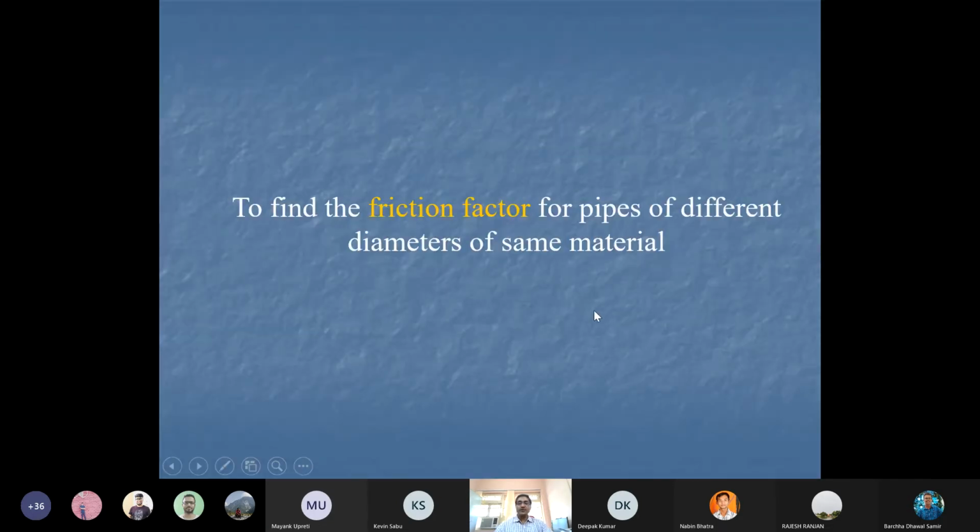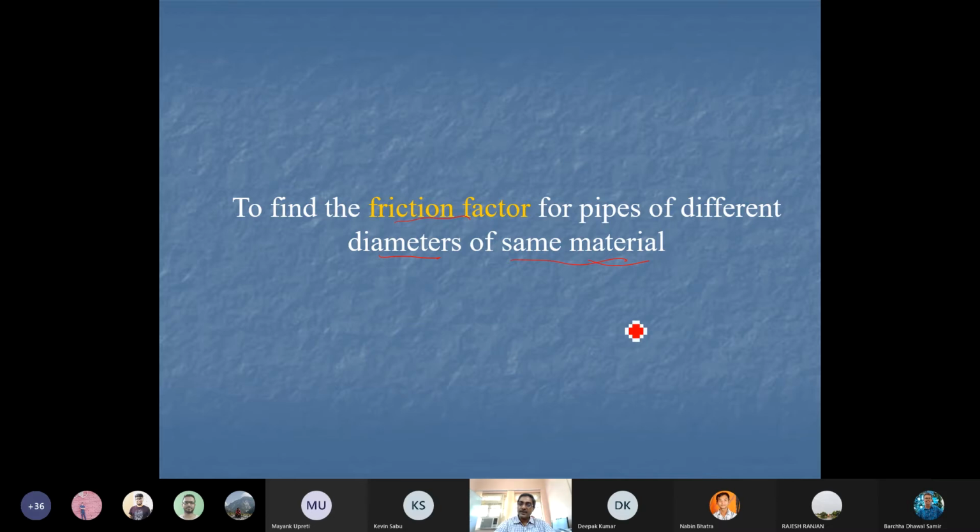So it's to find out the friction factor of pipes of different diameters but the same material. Basically, this is a design of which size of pipe we should take so that it does not create head loss more than a certain limit.